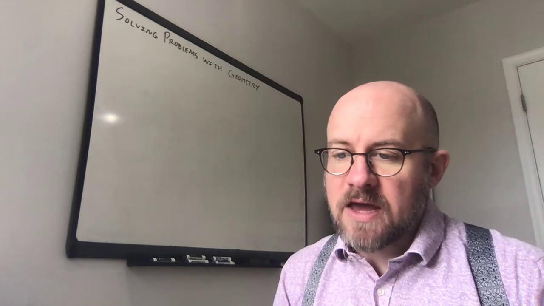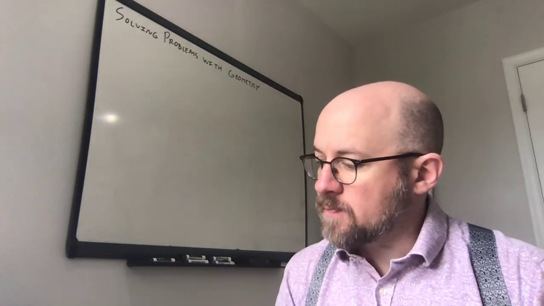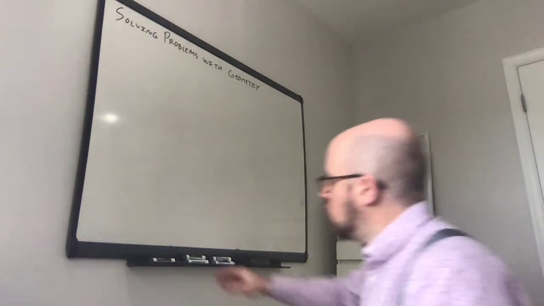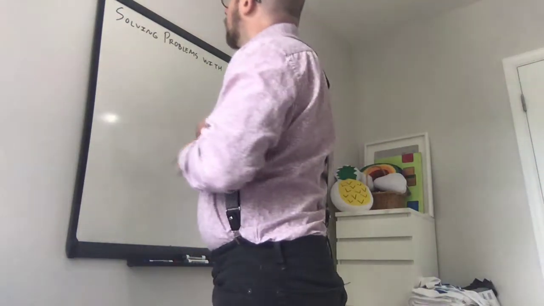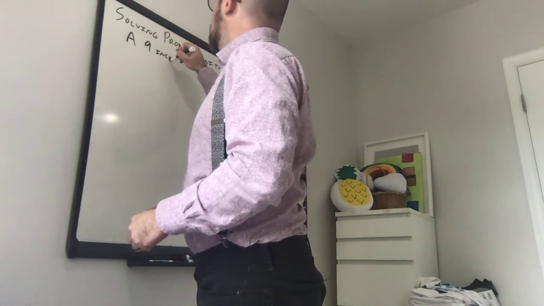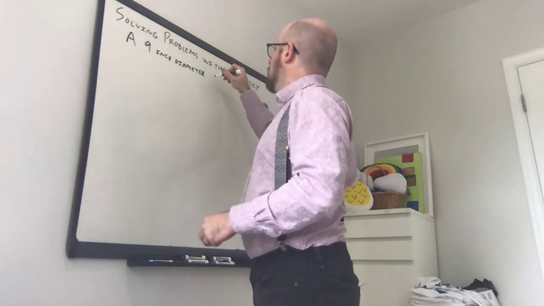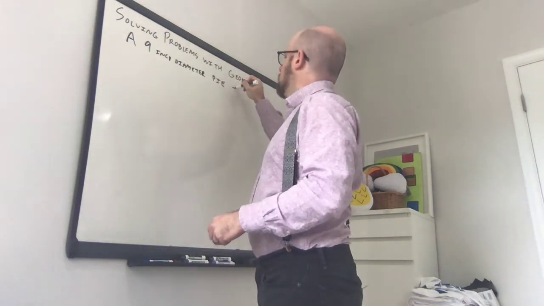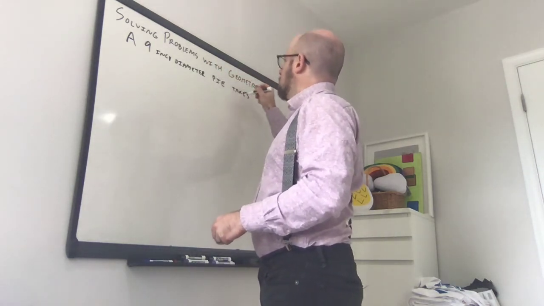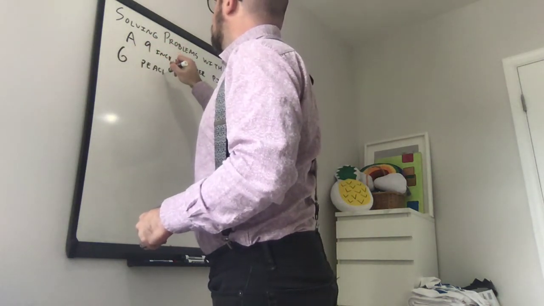So an example of a problem like this is, say, a 9-inch diameter pie takes, say, 6 peaches.